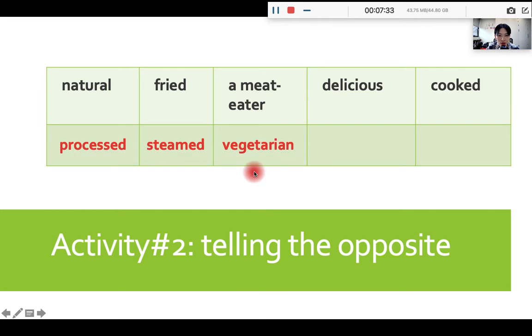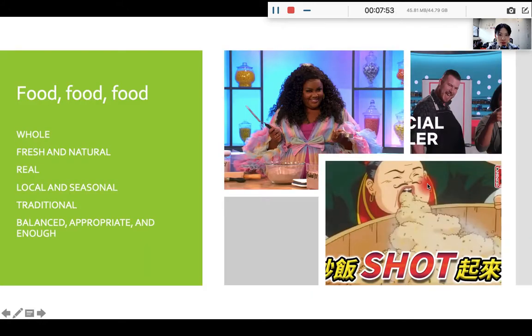So, of course, vegetarian. Delicious, disgusting. Cooked, uncooked is one of the answers. But an even better answer is raw. Okay? So these are the opposites to these 5 words.